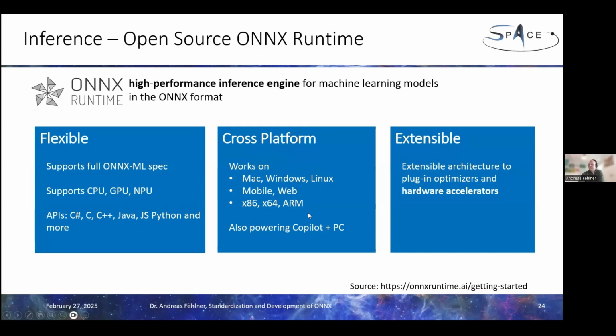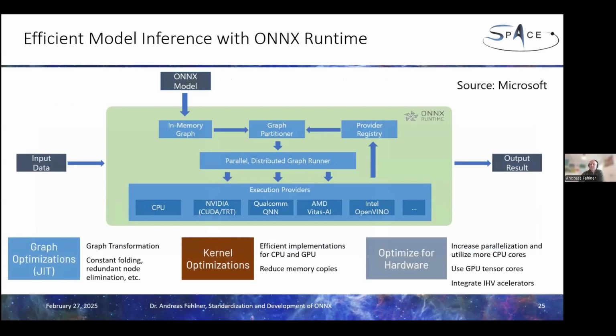It's cross-platform, and this is an extensible architecture. As you have seen, we can integrate different execution providers like OpenVINO or Intel or CUDA or TVM, Apache TVM, and so on.